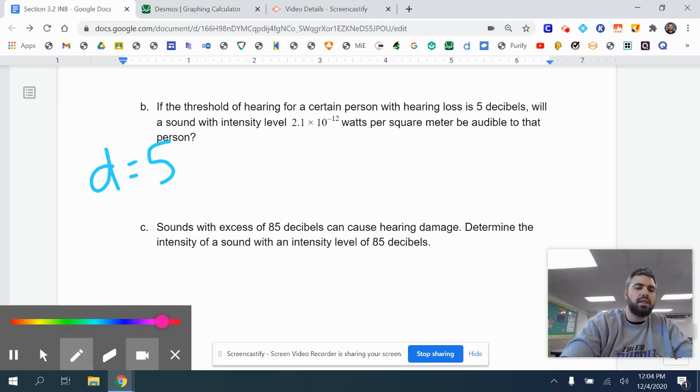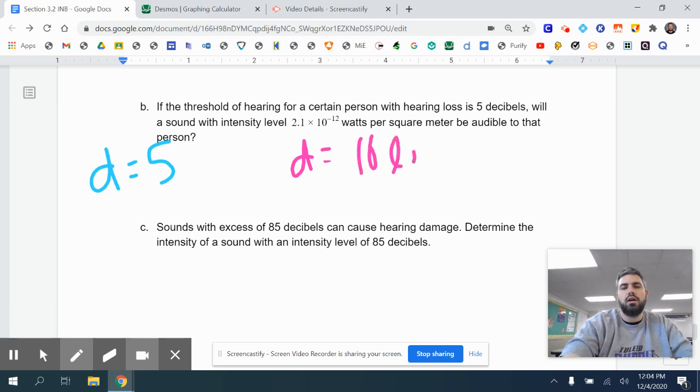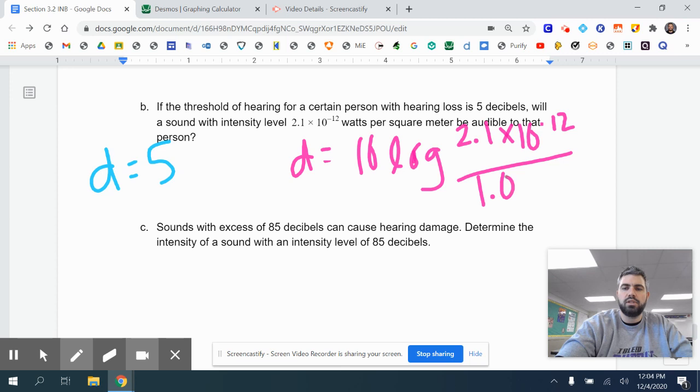So let's take a shot at this. We said that D was equal to 10 log of W, which in our case is 2.1 times 10 to the negative 12, over that constant, which is 1.0 times 10 to the negative 12. Let's do that on our calculator and see what we get. So 10 log of 2.1 times 10 to the negative 12 divided by 1.0 times 10 to the negative 12.